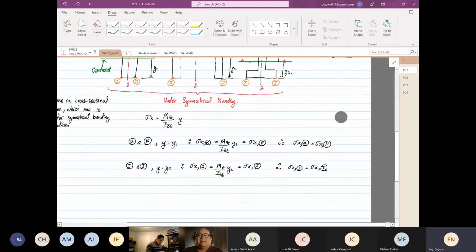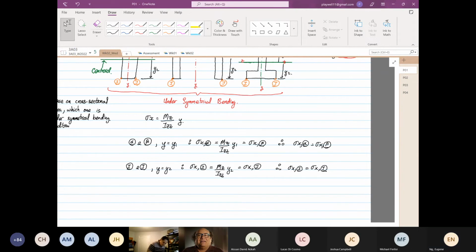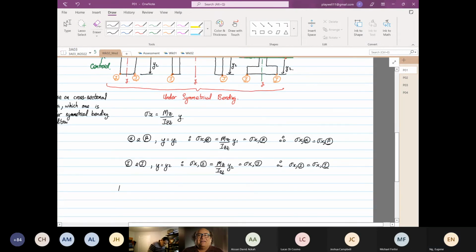Whether bending is symmetrical or unsymmetrical is dependent on the stress field distribution.